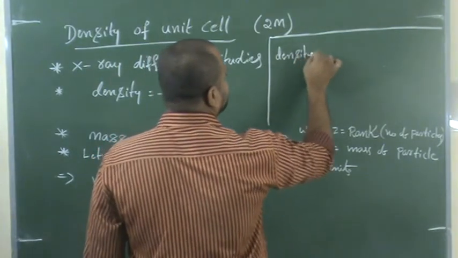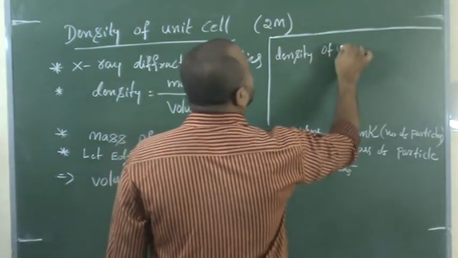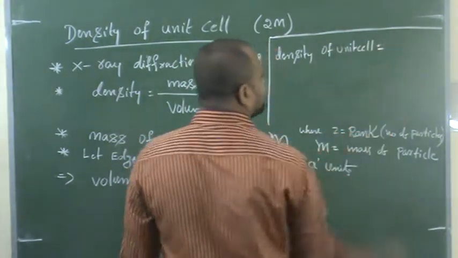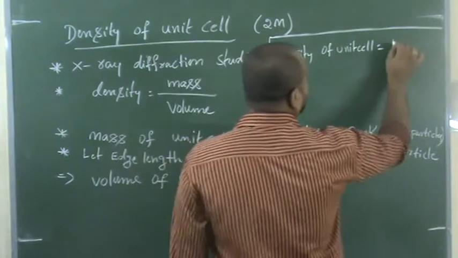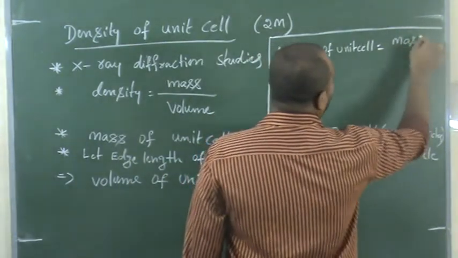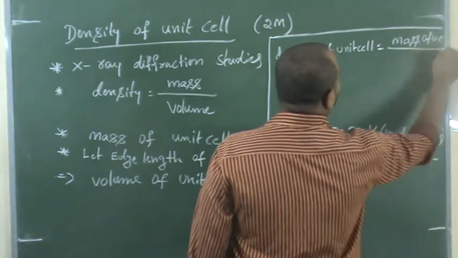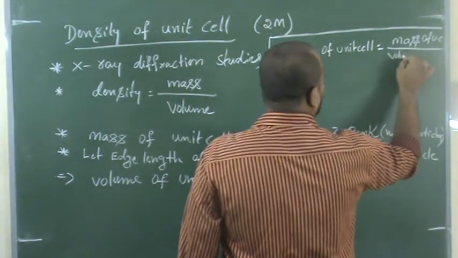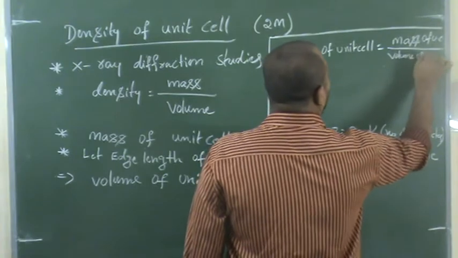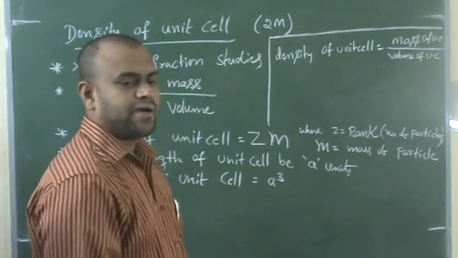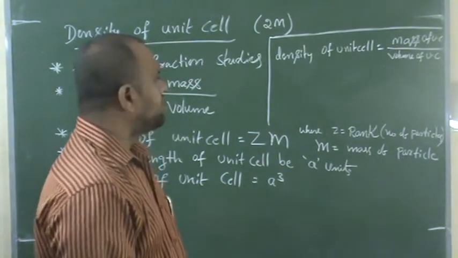Density of the unit cell is equal to the mass of the unit cell by the volume of the unit cell.